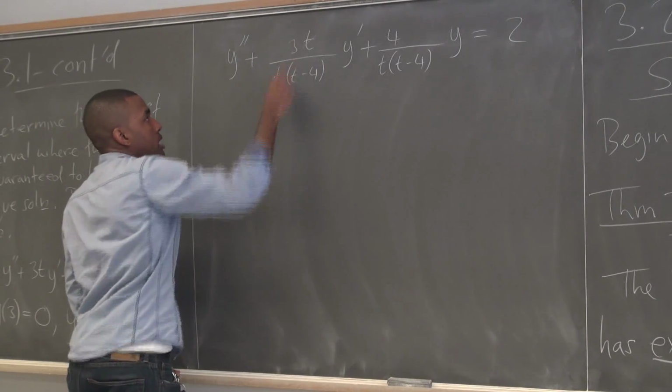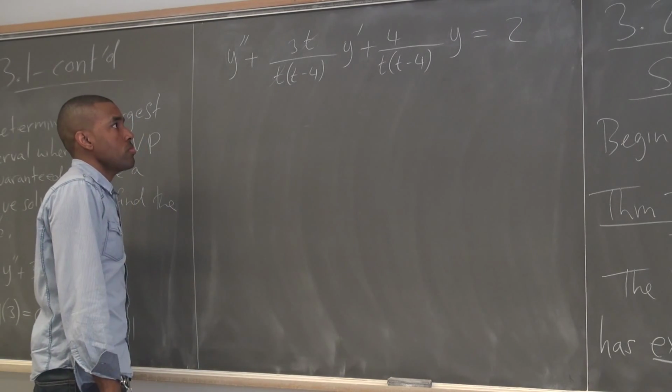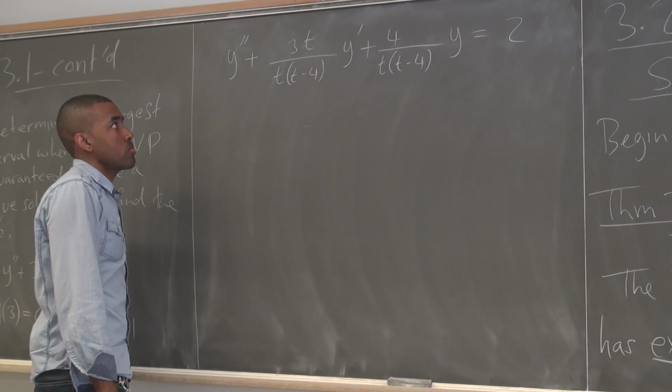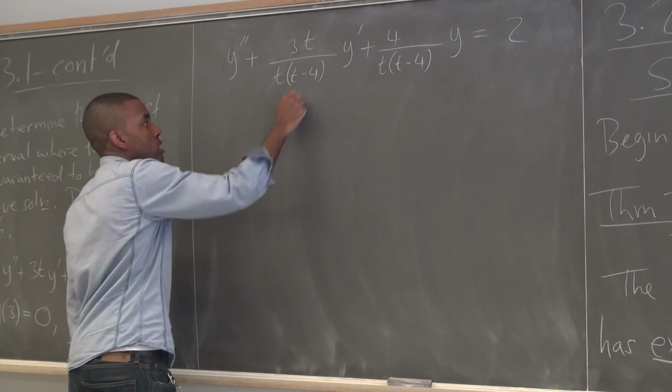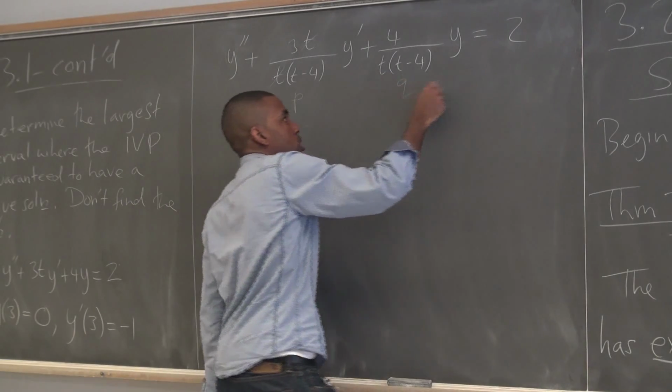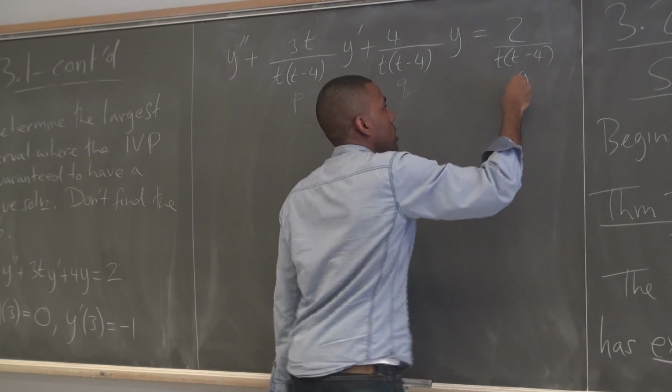So here, yeah, I could cancel the t's. Because this is in standard form now, this here is my p, that here is my q, this here is my g.